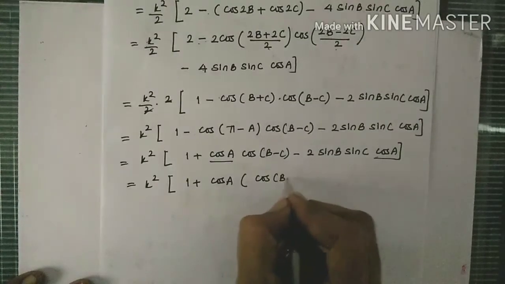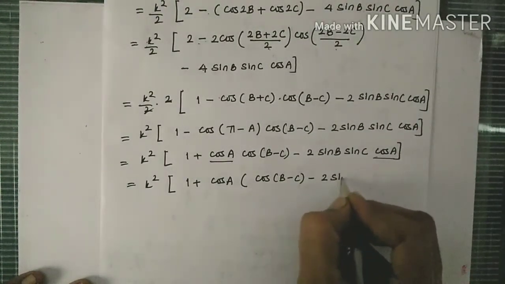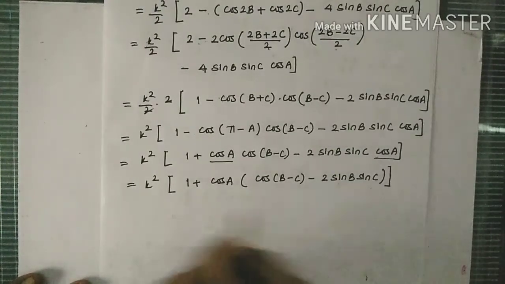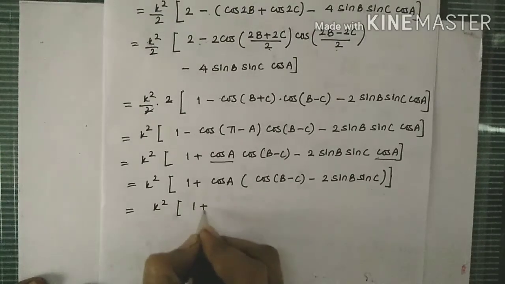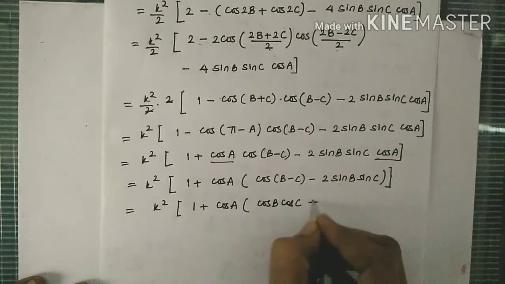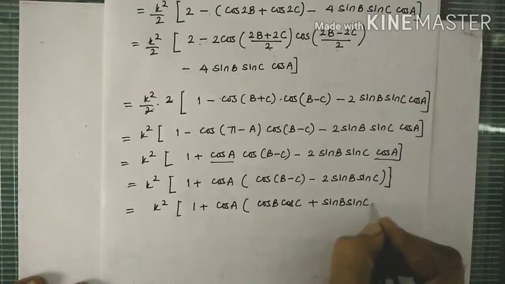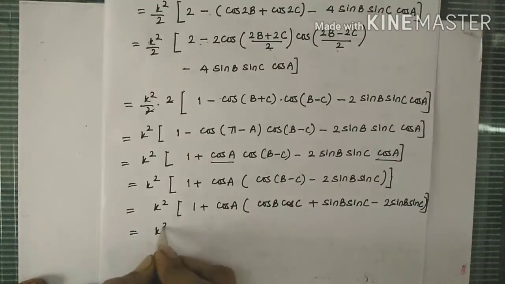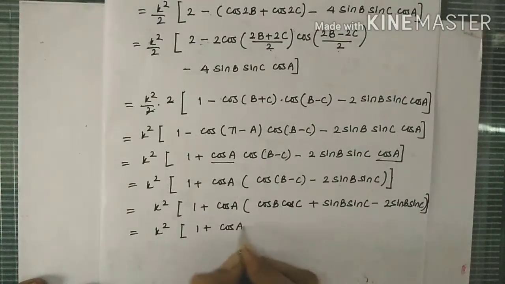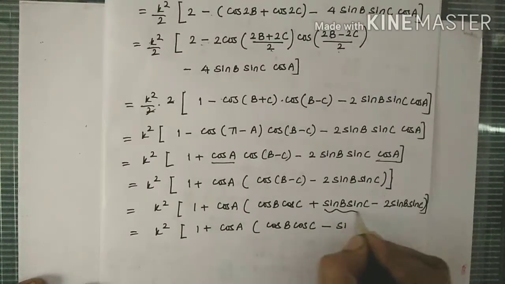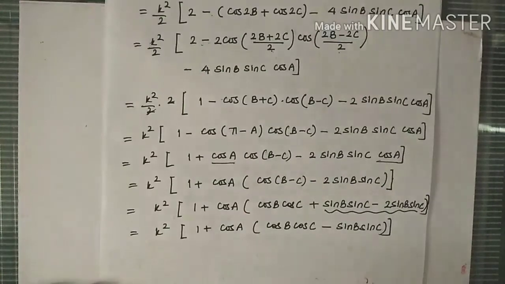Now the remaining terms are cos of (B minus C) minus 2 sin B sin C. So that is K square, 1 plus cos A. Now cos of (B minus C) is cos B cos C plus sin B sin C, minus this term 2 sin B sin C. So that is K square, 1 plus cos A, cos B cos C. Now taking these 2 terms together, minus sin B sin C. But you can see that this is the formula for cos of (B plus C).